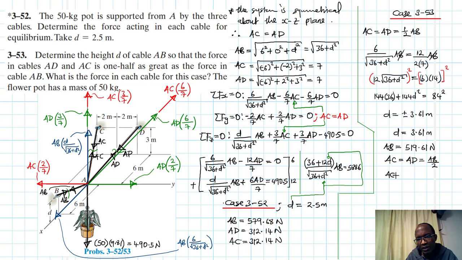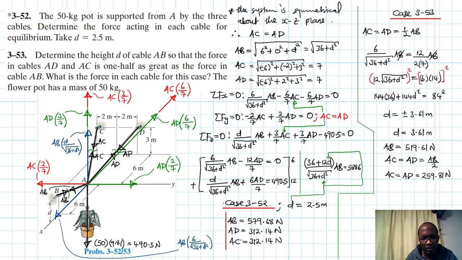Therefore, AC is just equal to AD, which is just half that, 259.81 newtons. I think this is about it.